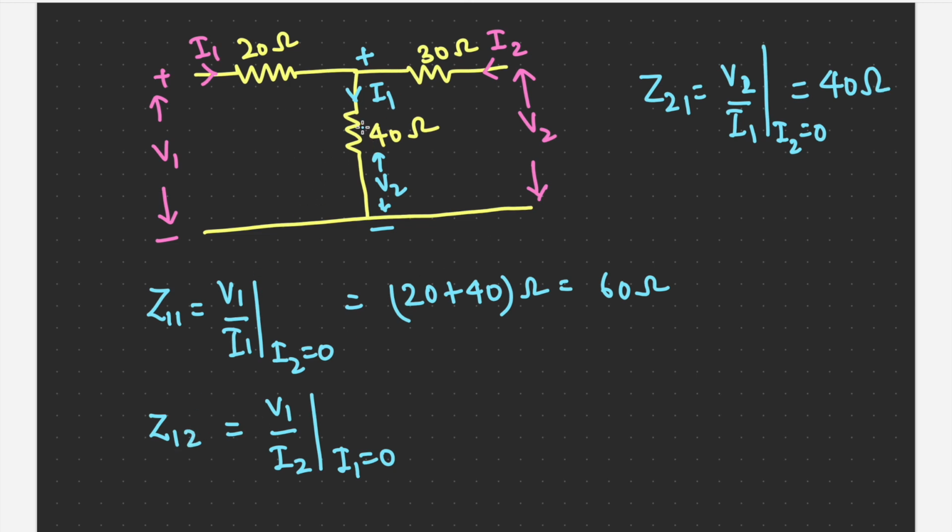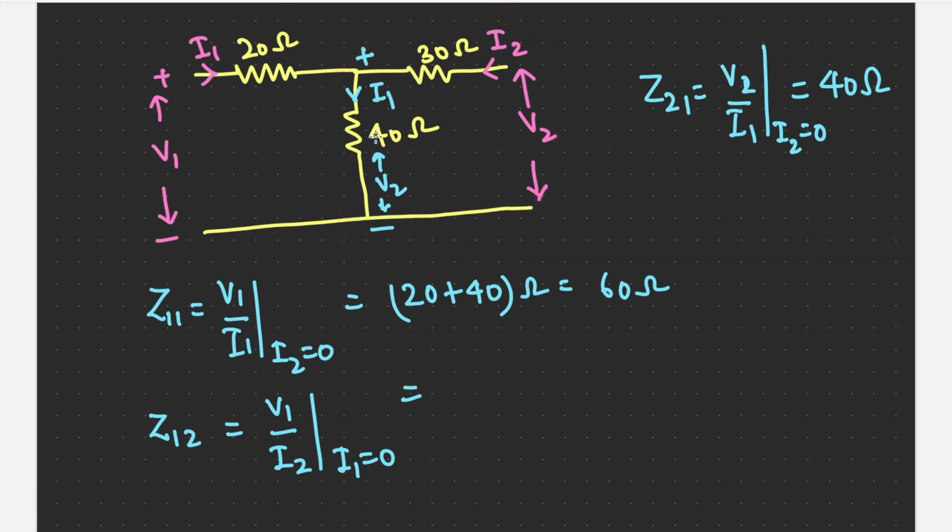Similarly, if I go to the other side, I1 will be 0. When I1 is 0, this 20 ohm is not in the circuit and we are going to find this particular circuit, and the equivalent will be 30 plus 40, that is 70 ohm. So Z22 will be 70 ohm.